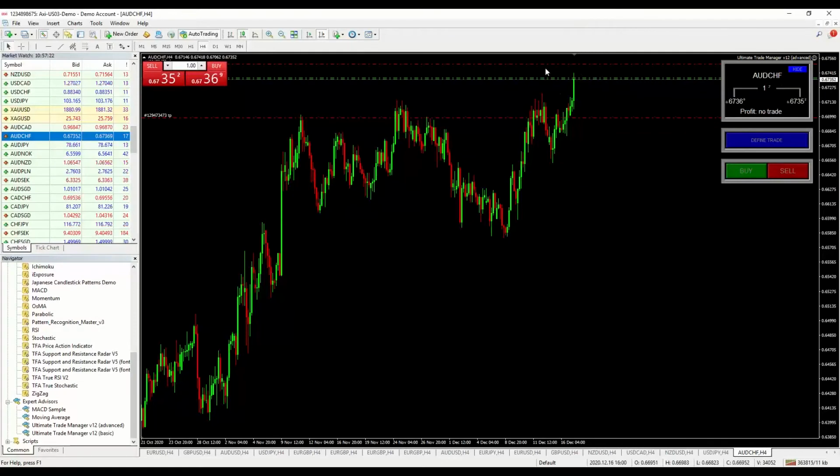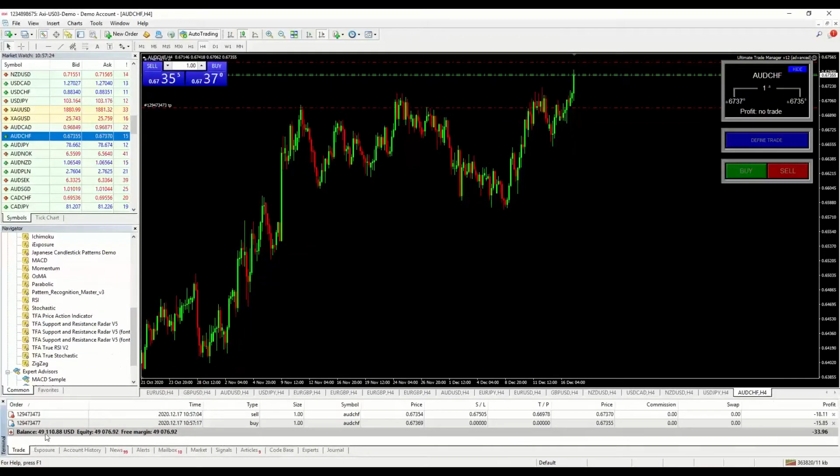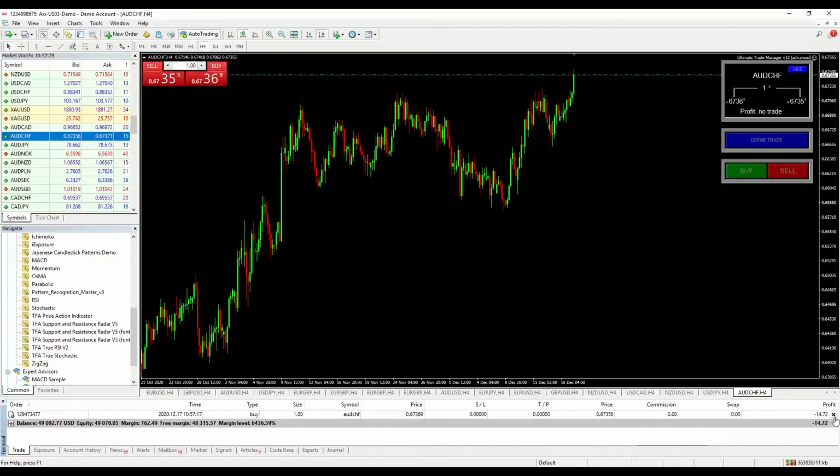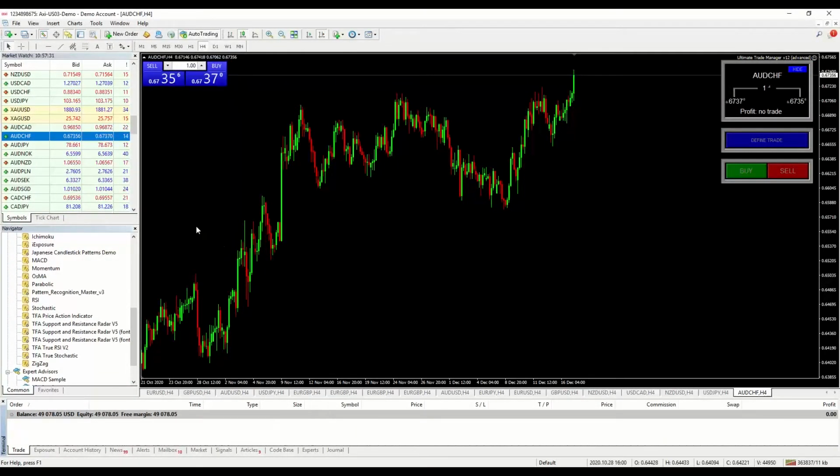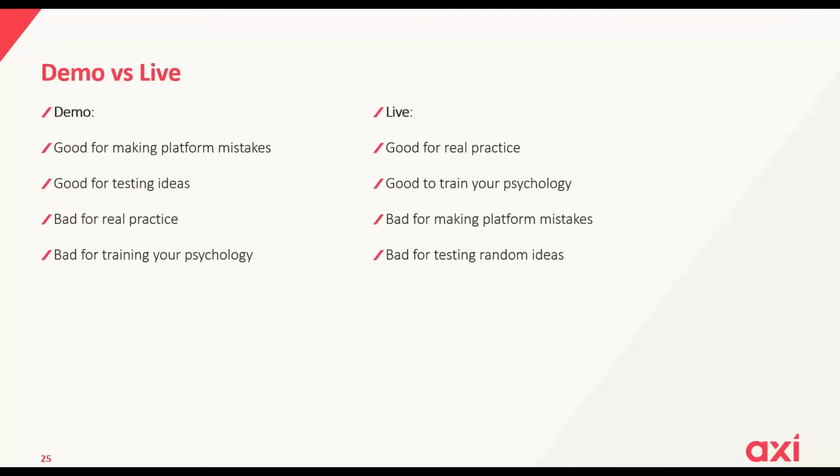And you start freaking out. That is okay if you're on a demo account. You make your platform mistakes on a demo account, and you practice your little trading strategies on a demo account, just those that you cannot automate. That is what I feel a demo account is primarily good for.